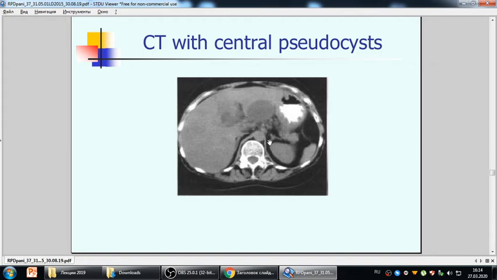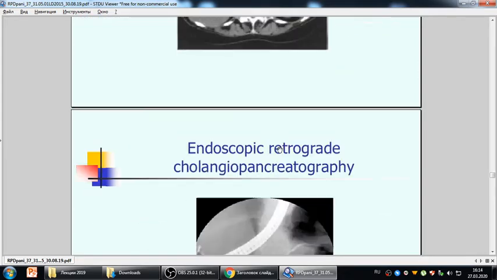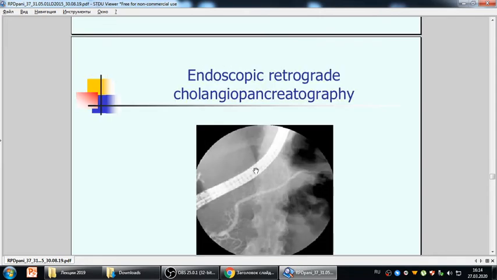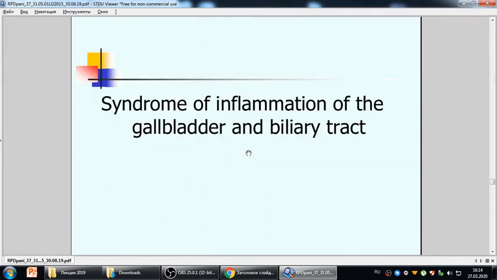And also we can use CT scan to diagnose pancreatitis, and you will see a pseudocyst. Also to detect damage to neighboring organs, and to detect hypertension in the pancreatic duct, we can use endoscopic retrograde cholangiopancreatography.